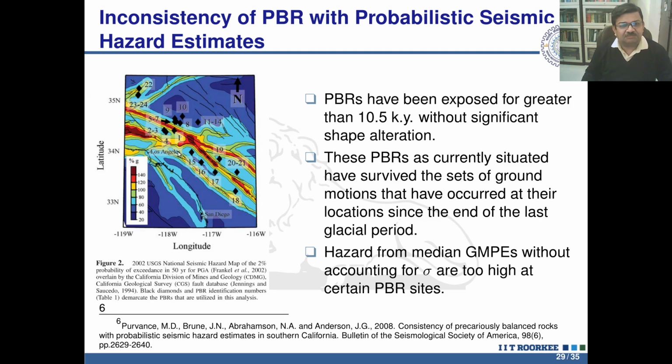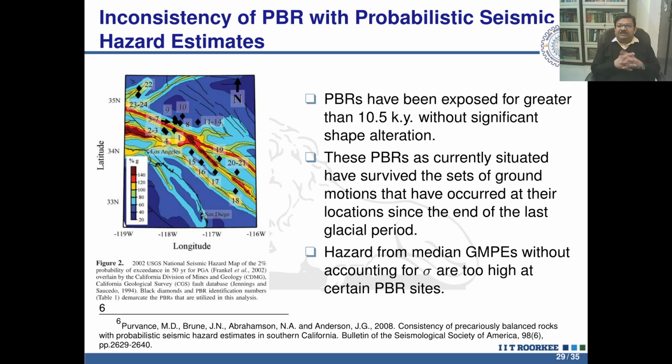They found that most of these rocks are intact, and the peak ground acceleration predicted, recommended by the USGS seismic hazard map, were much, much larger than the values which would have toppled all these precariously balanced rocks in this region. This is where that entire San Andreas fault region is, right? So these precariously balanced rocks have been exposed for greater than 10,000 years without significant shape alteration.